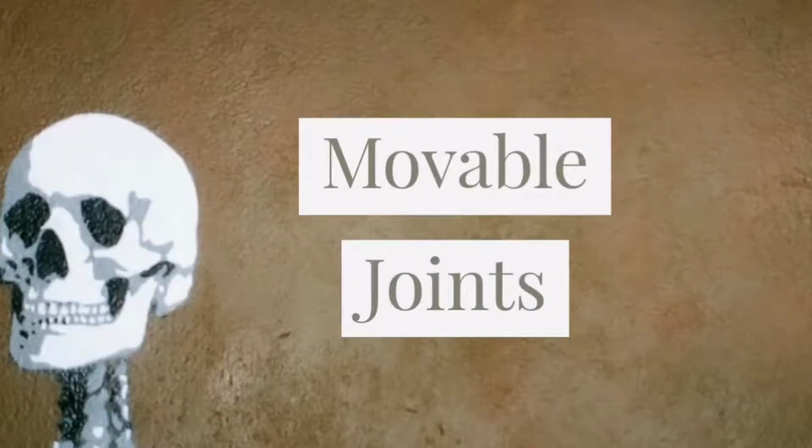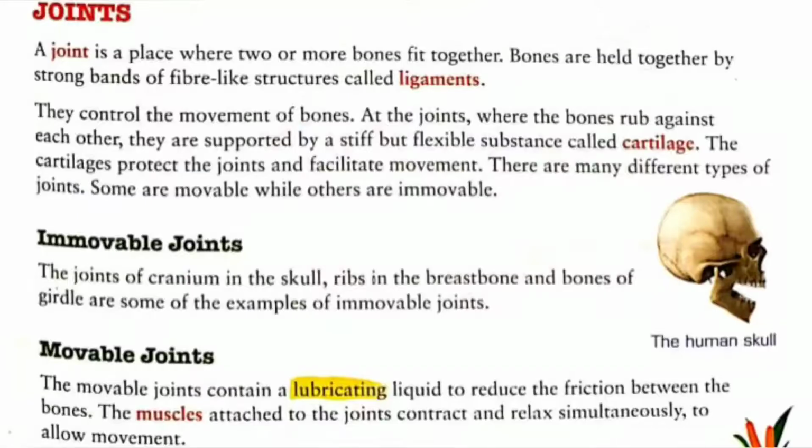Now movable joints. The movable joints contain a lubricating liquid to reduce the friction between the bones. The muscles attached to the joint contract and relax simultaneously to allow movement.